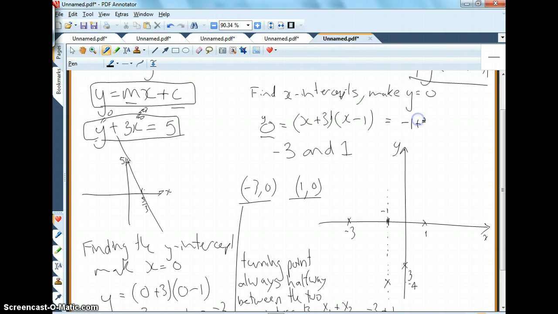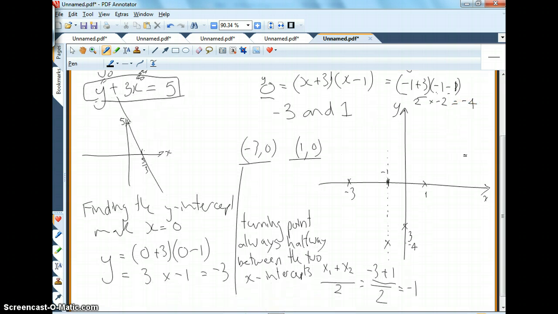Minus 1 plus 3, close bracket, and then minus 1 minus 1. Minus 1 plus 3 is 2, and minus 1 minus 1 is -2. Answer -4, I was right. And I guessed that because of the shape.